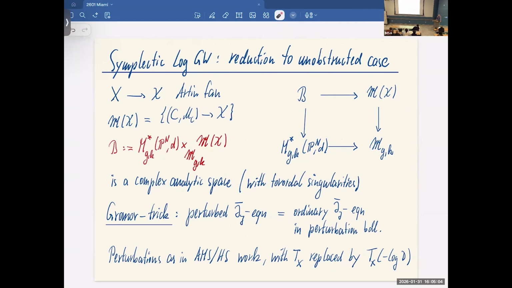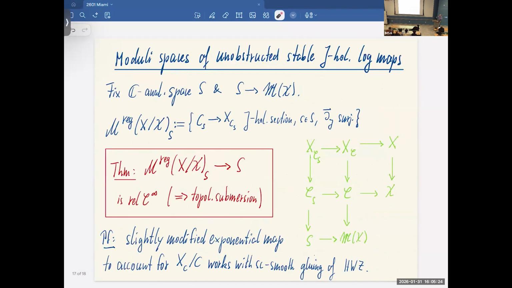So that essentially tells you that all that's left is proving this T to B, this global coordination picture, once you have an unperturbed situation, right? Because we have already perturbed, we are in a bigger space, everything is transverse, and we have to show there's a manifold. It's respectively RLC infinity over this kind of complex analytic space with toroidal singularities.